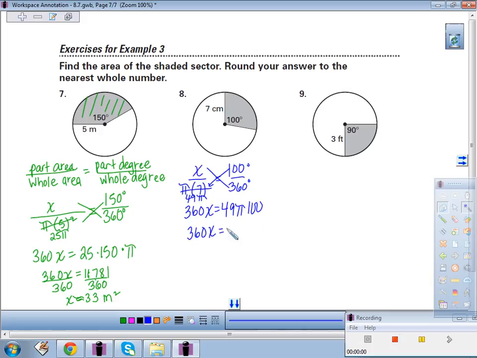That's about 15,394. Divide by 360 to solve for x. So my 360s cancel, and when I divide by 360, I get, what is it, approximately 43, we're talking about square centimeters.